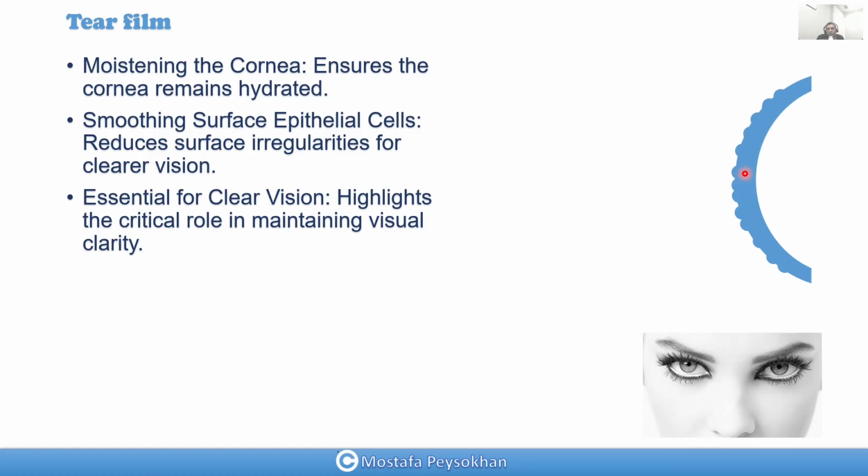We have some irregularities, but the thin film fills all the irregularities and makes it like a flat surface. In other words, it minimizes the scattering from that surface. And it is very essential for clear vision because it clears any outside particle that can block or scatter the light, and it has a huge impact on maintaining visual clarity.